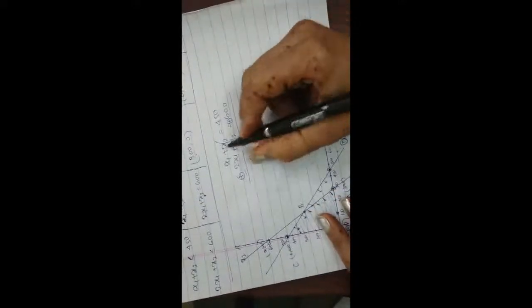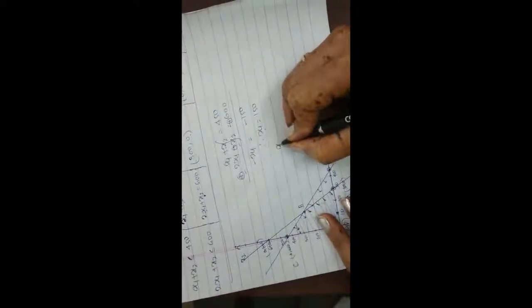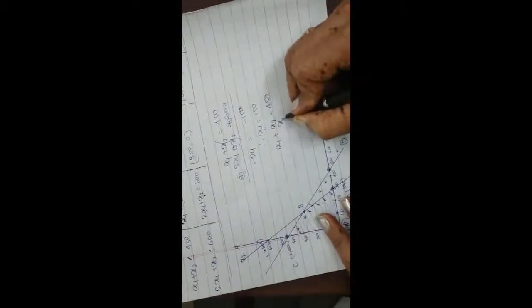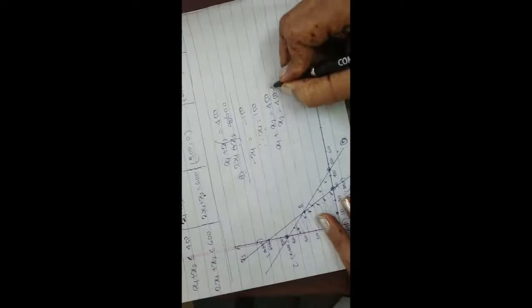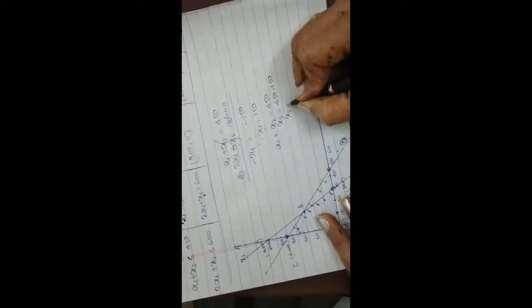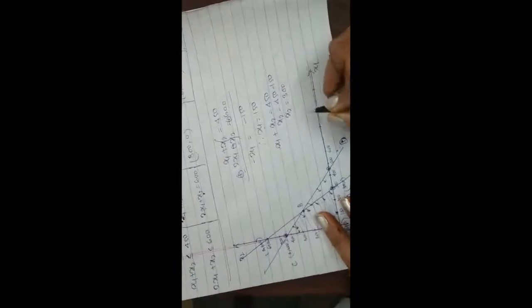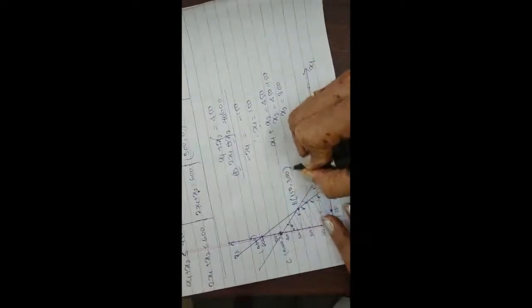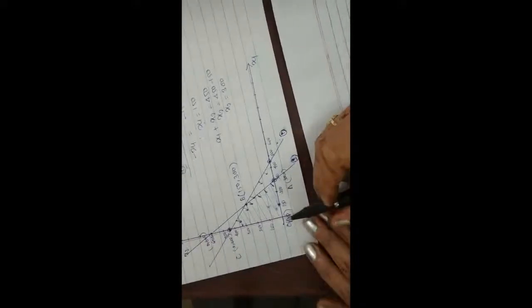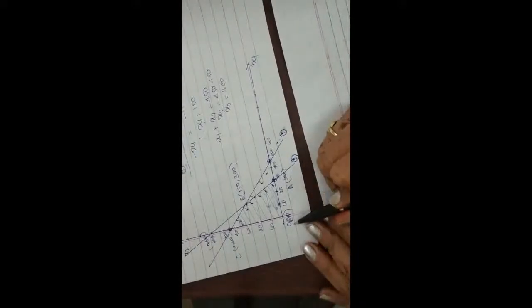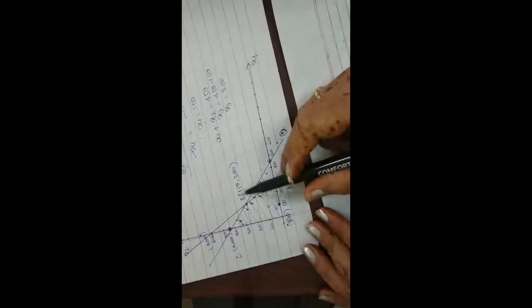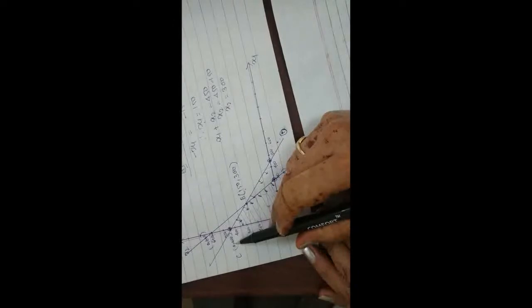I'll put x1 = 150 in the equation x1 + x2 = 450, that is x2 = 450 minus 150, that is x2 = 300. So this point is 150, 300. Now I have got 4 points: O (0, 0), A (300, 0), B (150, 300), and C (0, 450).